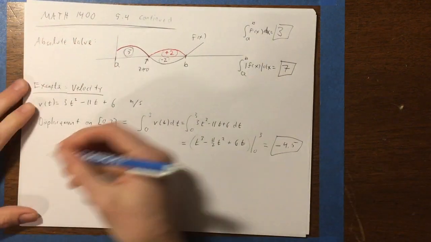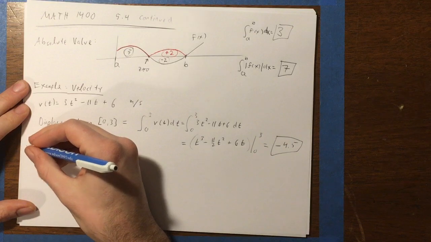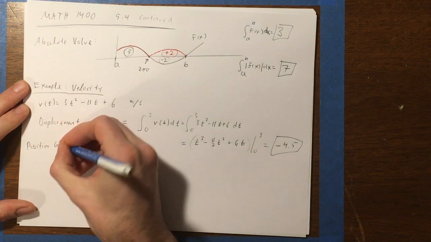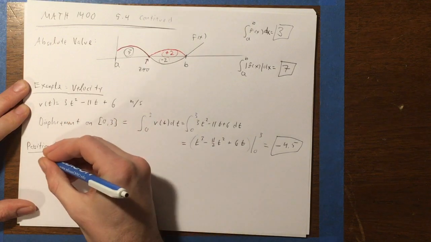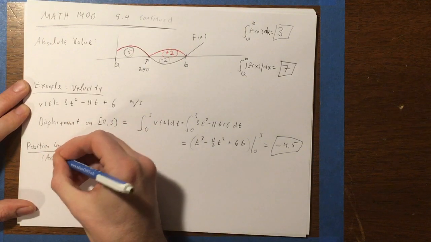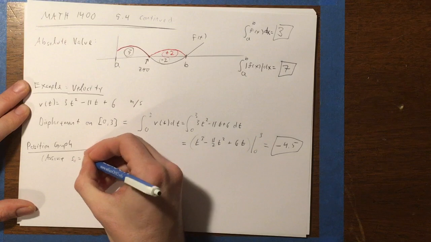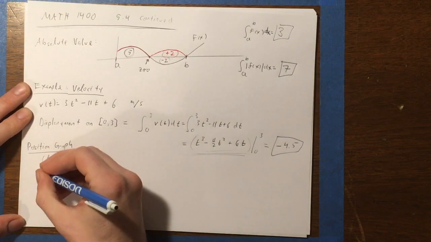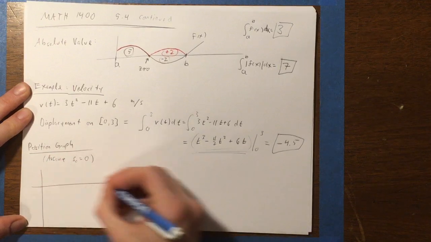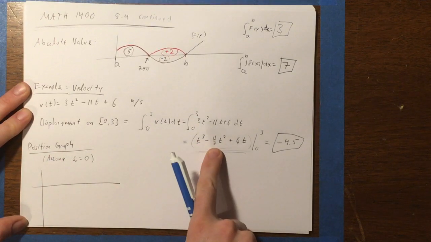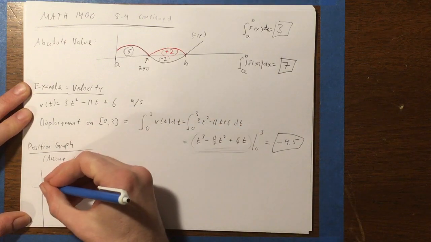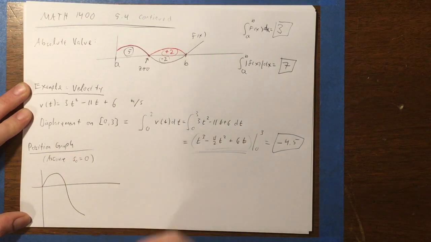Let's draw a little graph. I'm going to draw a graph of position, and let's just do this assuming that the initial position is 0. So that would mean that this is my position function right here. The graph would look something like this. If we take this t cubed minus 11 halves t squared plus 6t and graph that in Desmos, it'll give us something that goes like that.